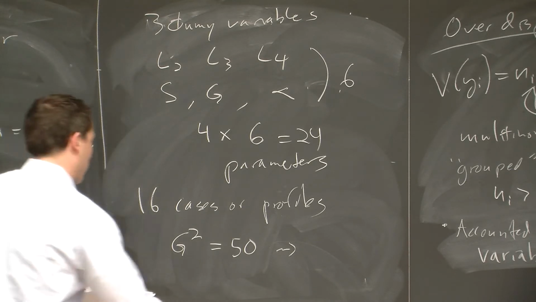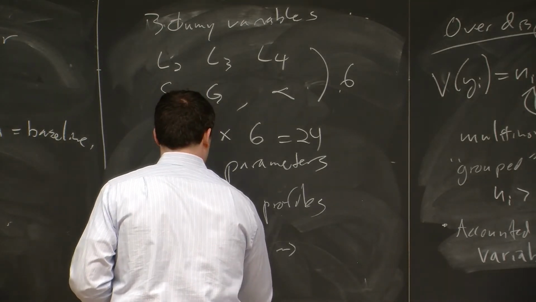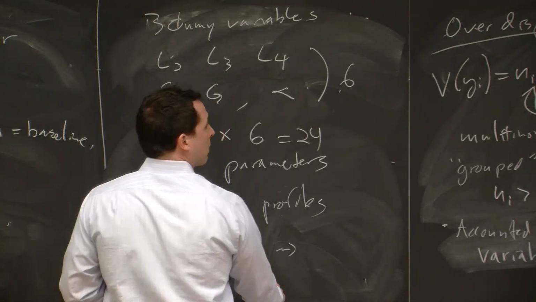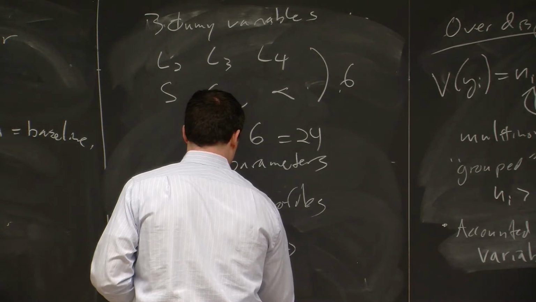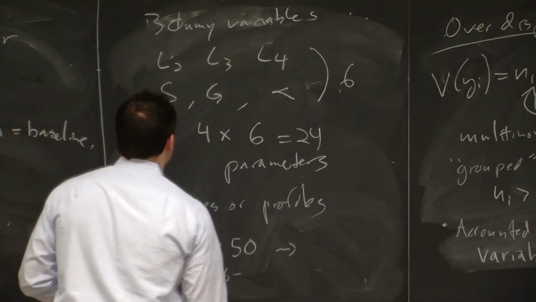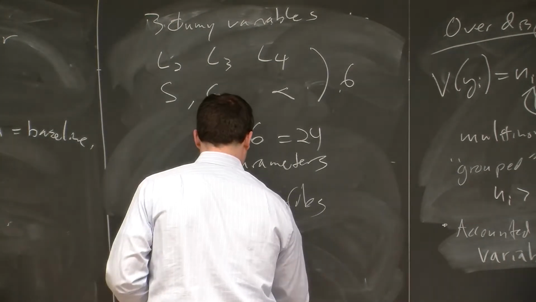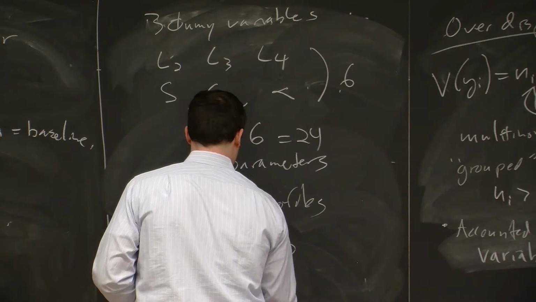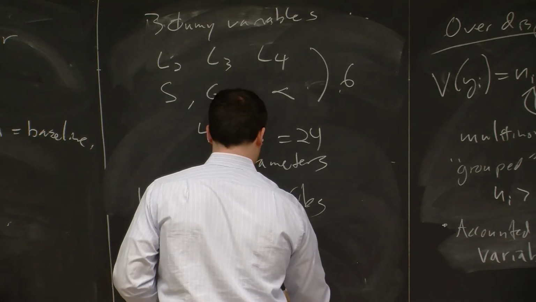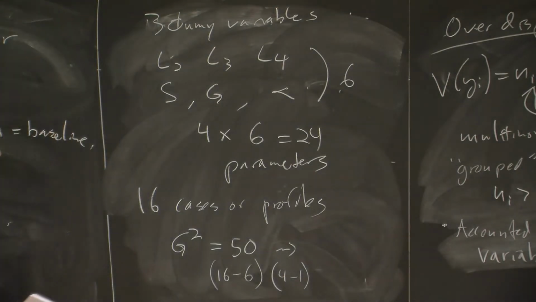Okay, so that's one proposal, saying it should be n is 16 minus p, which is, what is p here? 6, right, times 4 minus 1. Is that what you're saying?